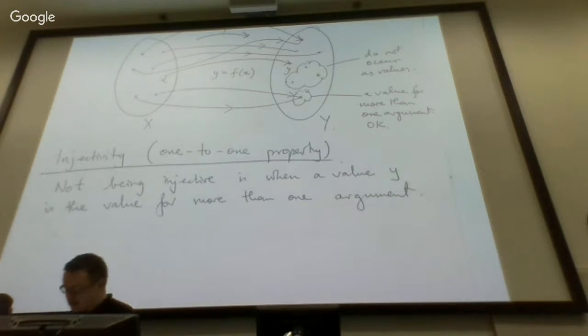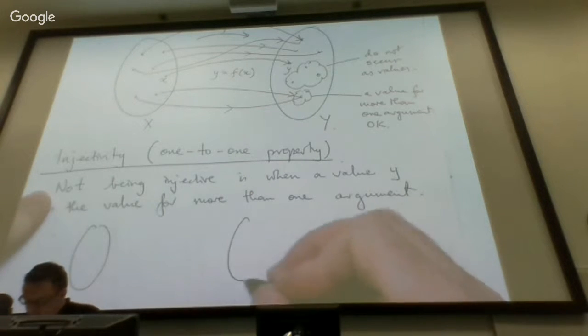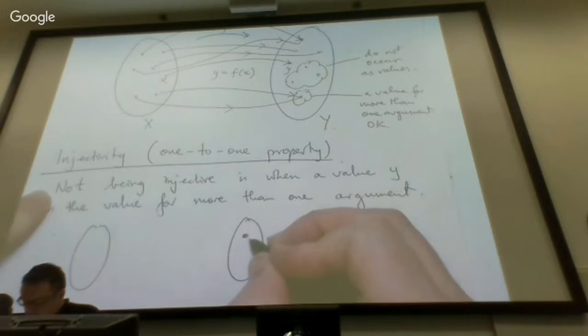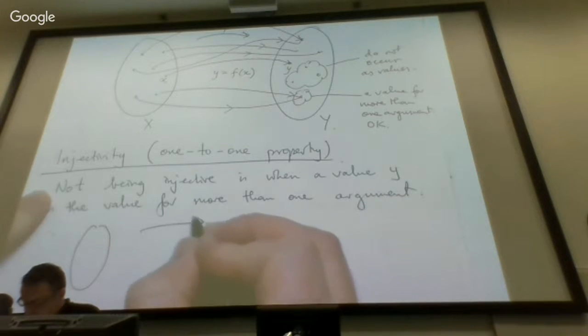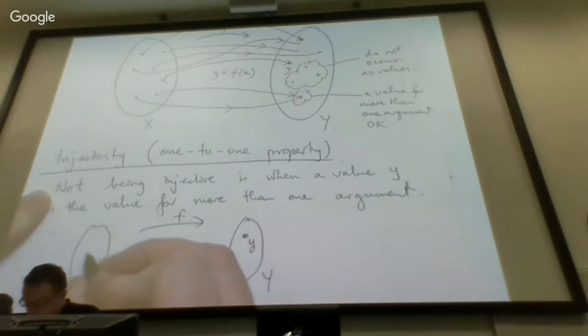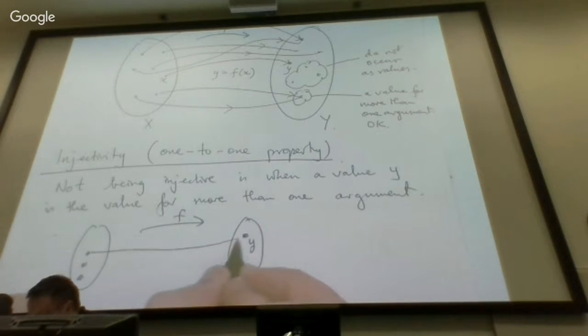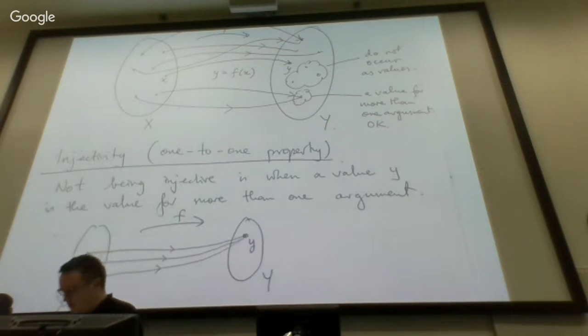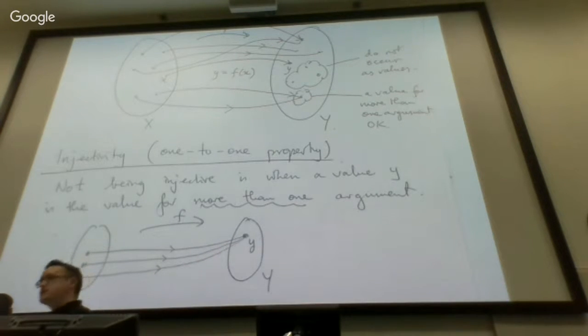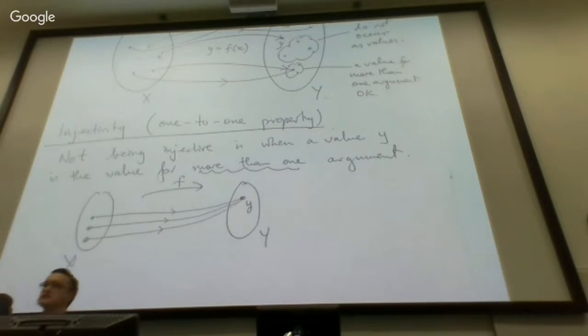So it's exactly this situation where you've got a value here in the codomain which is the value for two or more different arguments. Here I've drawn one where it's 3. But as long as there's some element in the codomain which is the value for more than one argument, then the function fails to be injective.